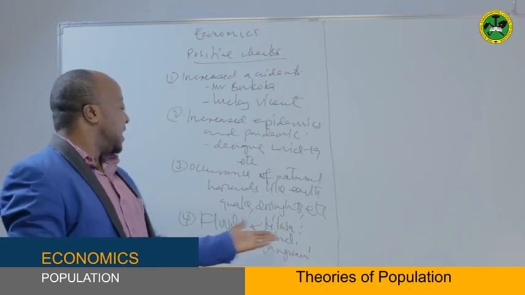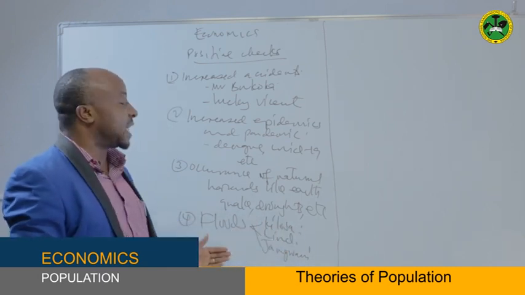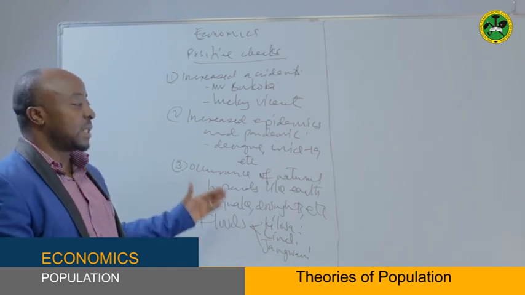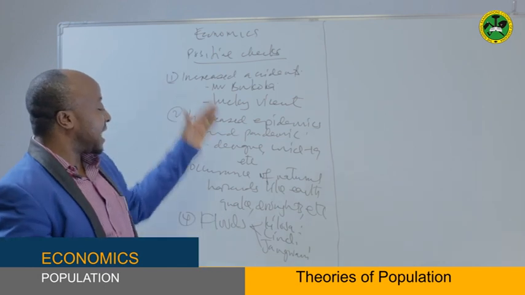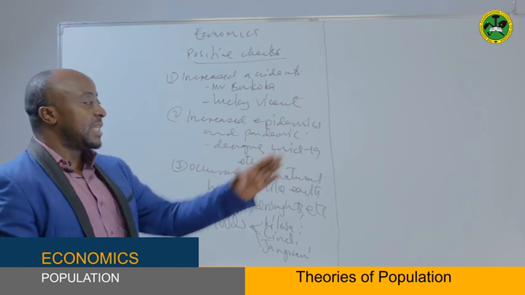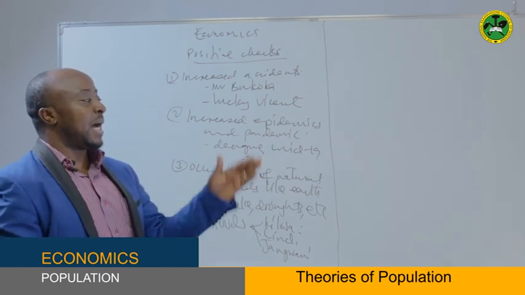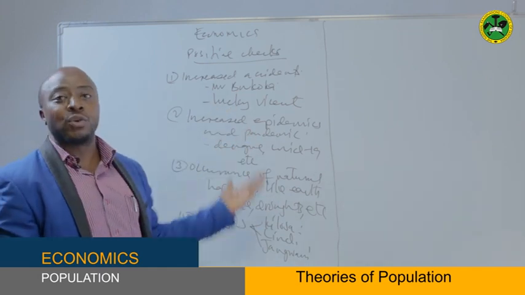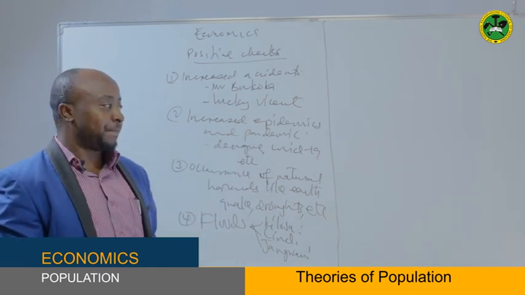Now for that case, these are also positive checks to control population. This is for the case of Tanzania. So from Tanzania, we can suggest these examples. This is for the case of the first question. So as Malthus suggested, at least these checks can also be applicable in Tanzania.